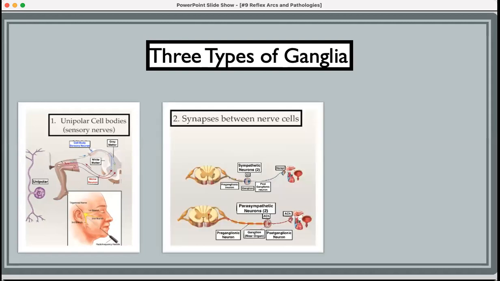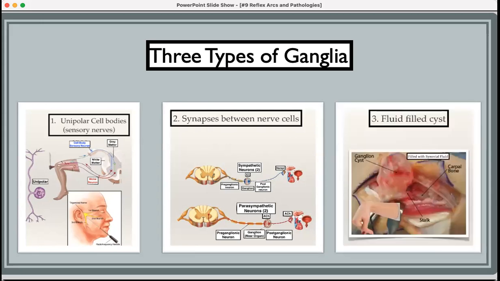The second type are the synapses between nerve cells, and that's within the autonomic nervous system, either connecting the presynaptic neurons near the spinal cord, as in the sympathetic chain, or right next to the organs, as in the parasympathetic nervous system. And then the third type is that fluid-filled cyst.